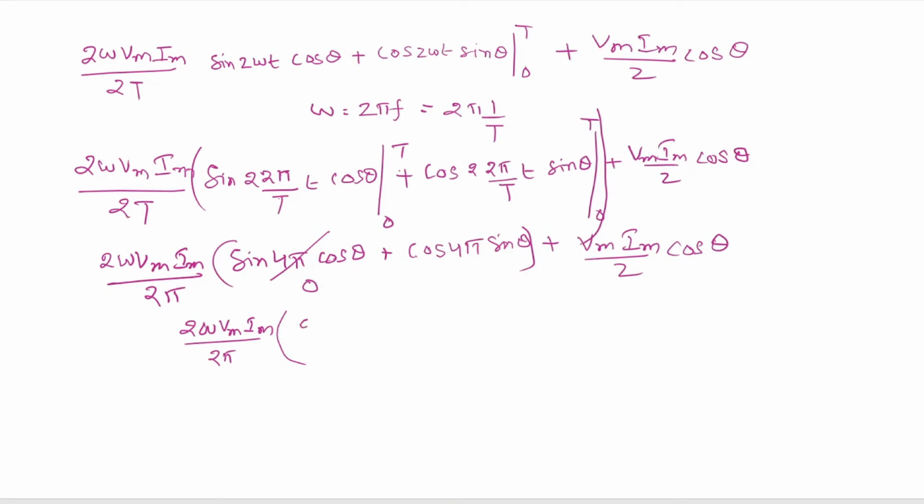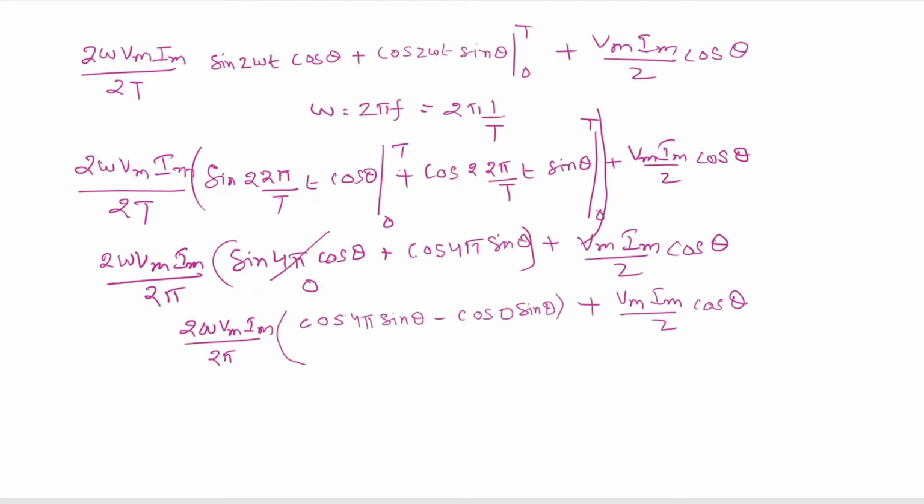This becomes cos 4 pi sin theta, minus, we have to apply limits 0 to T, cos 0 sin theta, plus Vm Im by 2 cos theta. At T and 0, this is 1 and this is 1.